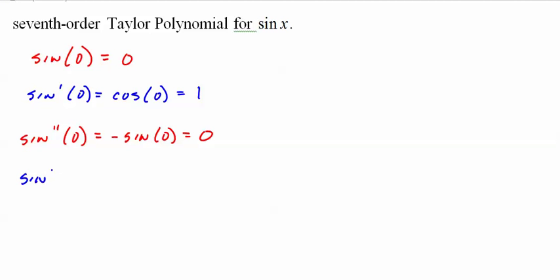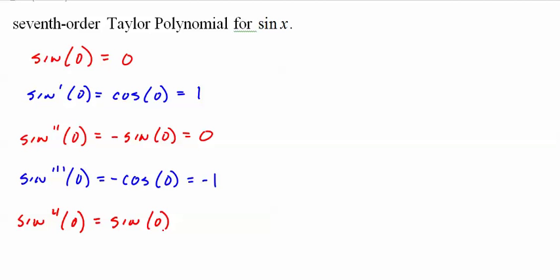The third derivative of 0 equals the derivative of negative sine, which is negative cosine, negative 1. The fourth derivative, the derivative of negative cosine is sine, sine of 0 equals 0.